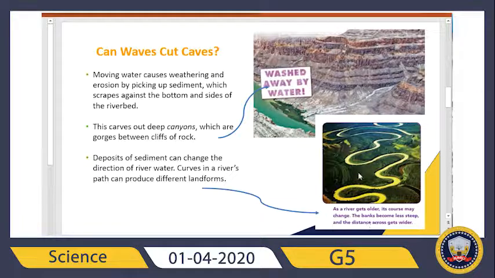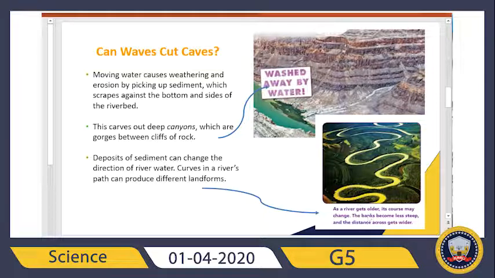Basically, the landscape around this river is formed because of the sediment particles that the river is carrying. The landscape is formed as a result of the soil and rock particles that the river is carrying away.